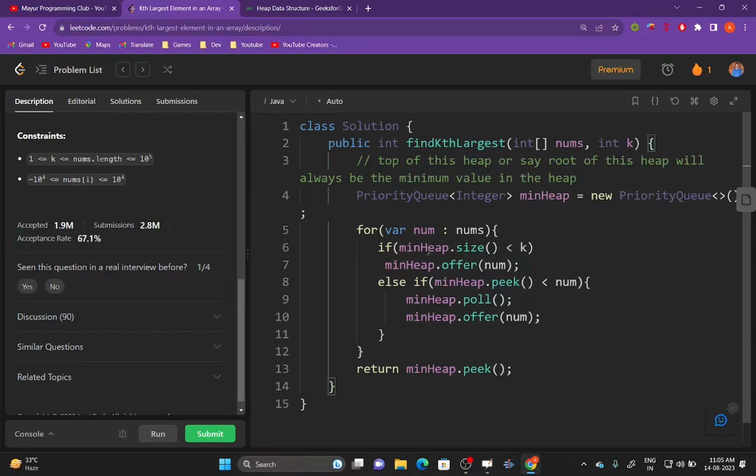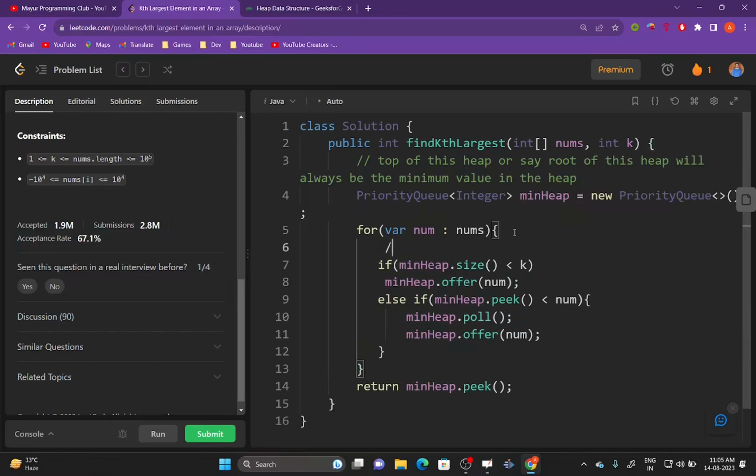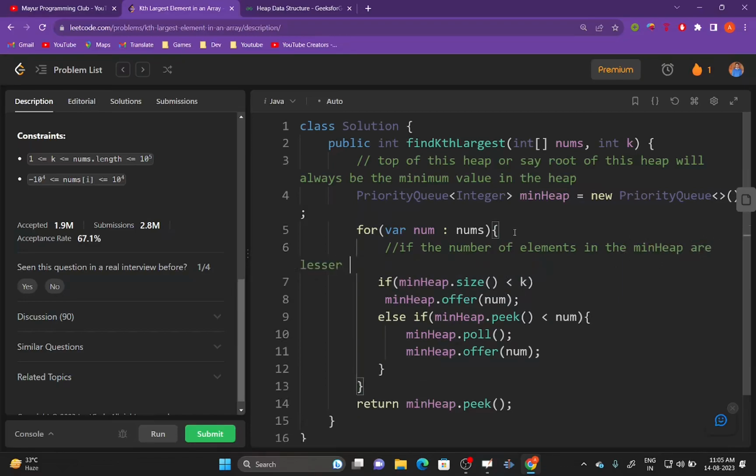So if the number of elements in the min heap is lesser than k, then we will keep inserting the values in the heap.